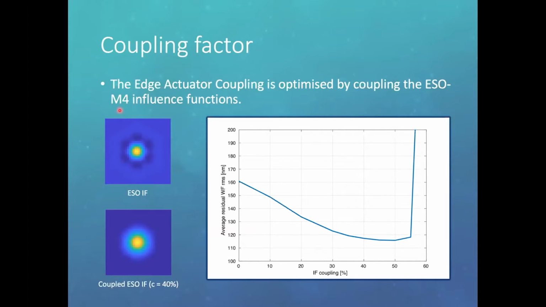So these are the ESO influence functions, and what we do is a linear sum of them to create something that's slightly more Gaussian. And here you can see the average performance versus that coupling factor. We typically use a value of around 40%.